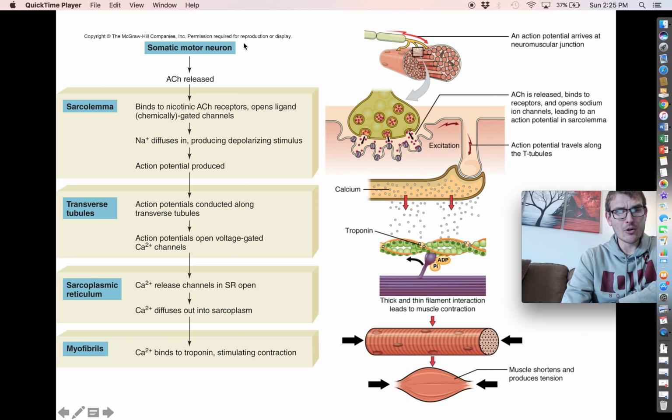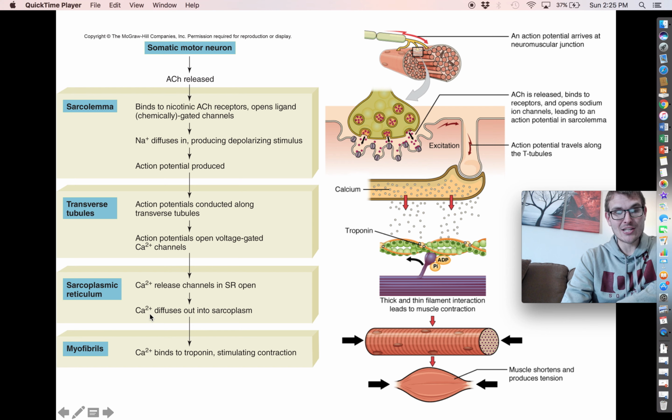So the somatic motor neuron will release acetylcholine as its neurotransmitter. That will bind to nicotinic receptors on the motor end plate. That will always produce depolarization, as we've discussed before. That should get us an action potential, which goes through the transverse tubules to the sarcoplasmic reticulum. We open calcium channels.